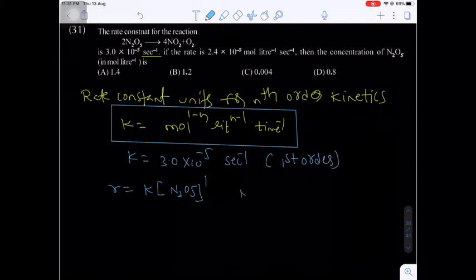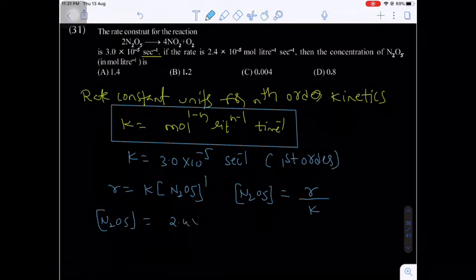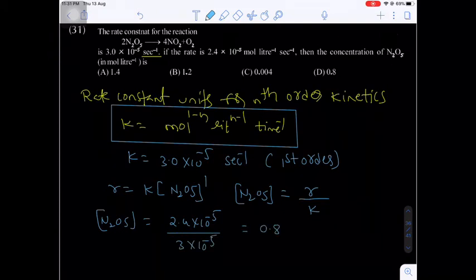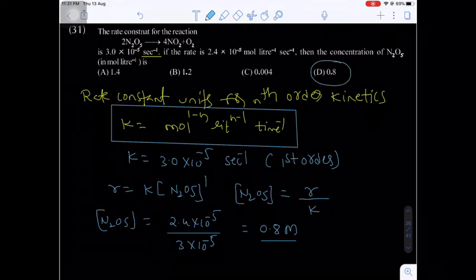The question asks for the concentration of N2O5, which is the rate of the reaction divided by the rate constant. The rate of the reaction given here is 2.4 into 10 to the power minus 5, and the rate constant given here is 3 into 10 raised to minus 5. So we will get the answer 0.8 molar.